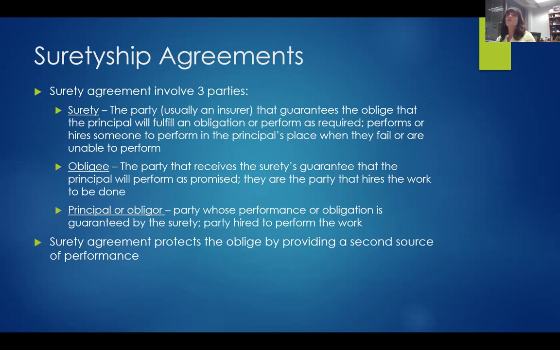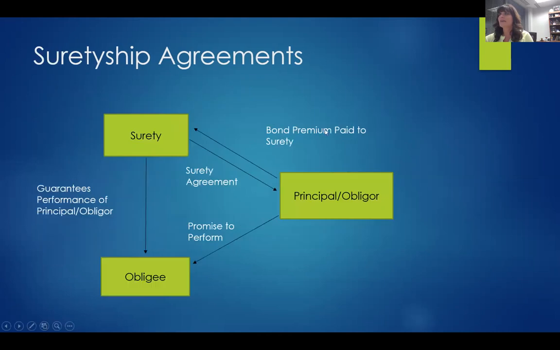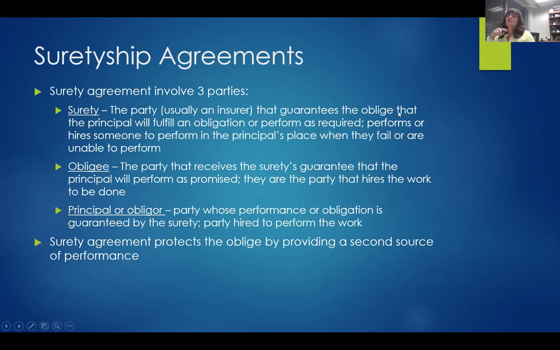So there's different things you can do. You can request that the third party who's doing work for you set up an agreement and actually have kind of insurance, as I would call it, a backing by a surety. A surety is a party, and it can be an insurance company, that guarantees the obligee, I have the word oblige in there, but it's really obligee, I'm missing an E there, sorry, that the principal will fulfill their obligation to do the work that they promised.